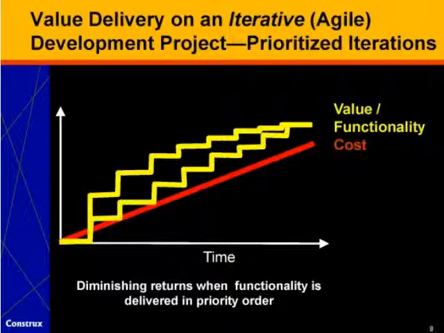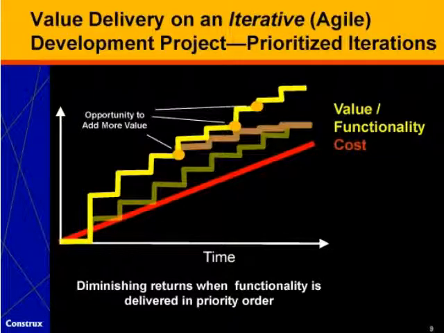And so if we're taking a truly agile approach, one of the things that we're going to do as we get into the later parts of the project is recognize that the value of the functionality that we originally planned to deliver is now less than what we had delivered earlier, and we're going to be open to opportunities to see new ways to deliver value that allow us to step off that originally planned value delivery curve and actually deliver increasing value in later iterations.